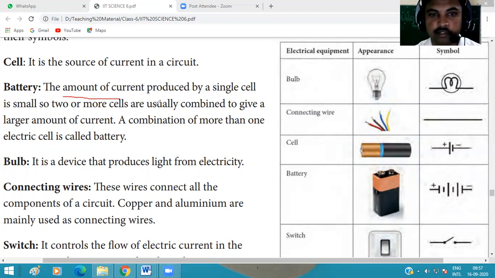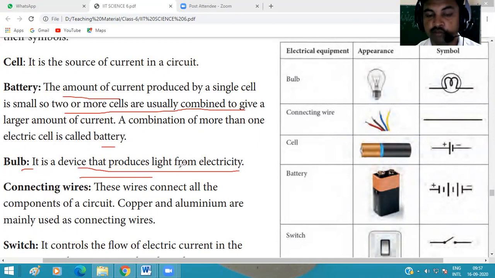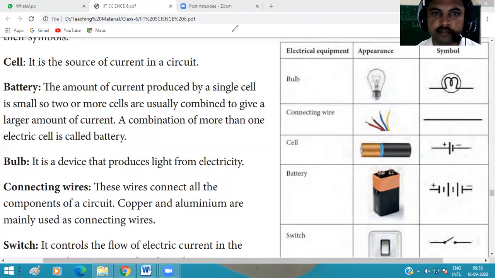So a battery is formed when two or more cells are combined. A bulb, we discussed, is a device that produces light from electricity. The connecting wire connects all the components of the circuit. It is made up of copper or aluminum. Mainly these two kinds of wires are used to connect the electric circuit.